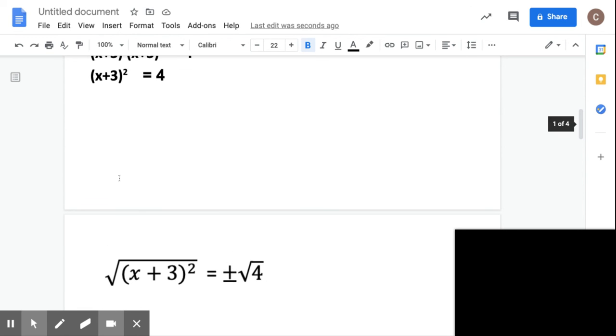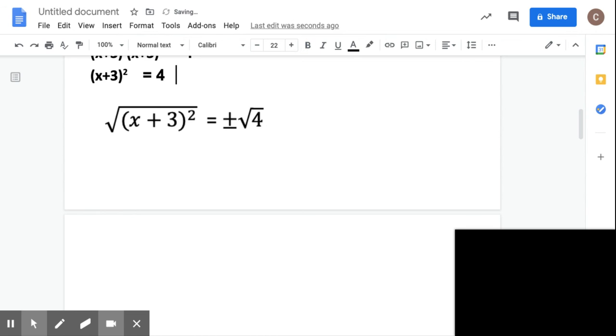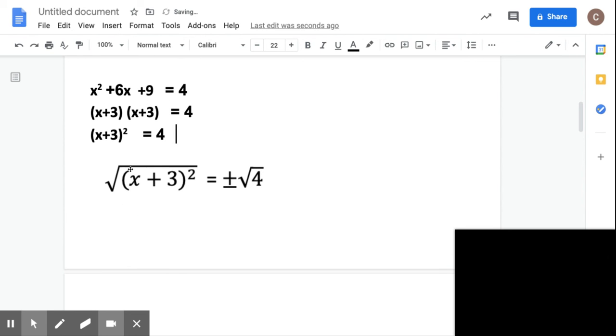Beautiful. Absolutely. You guys will notice my font got a little bit bigger. No big deal. So do you see that I take the square root because I know the square root will undo the square, and I will only be left with what's under the radical, which is x plus 3. That's super cool, right? But remember, if I take the square root of one side, I must take the square root of the other side to keep it in balance.